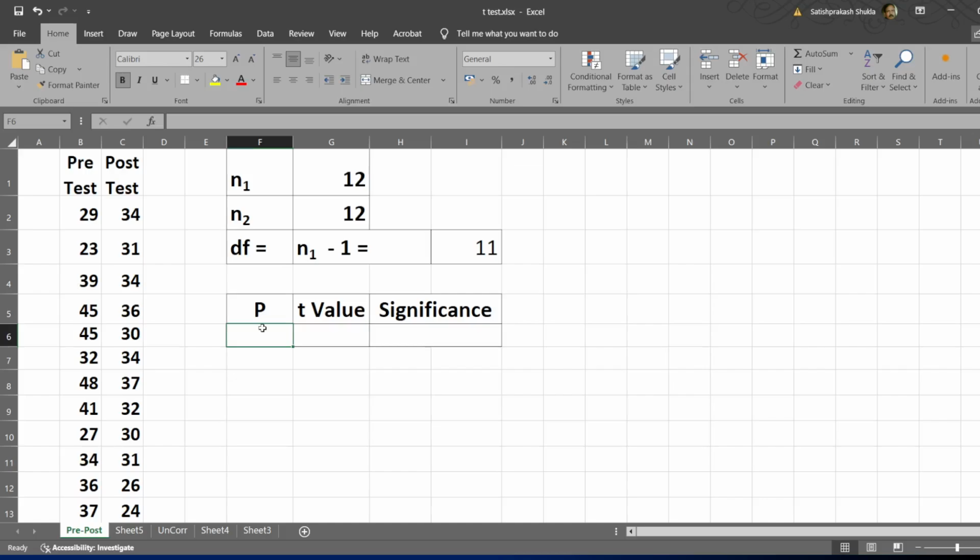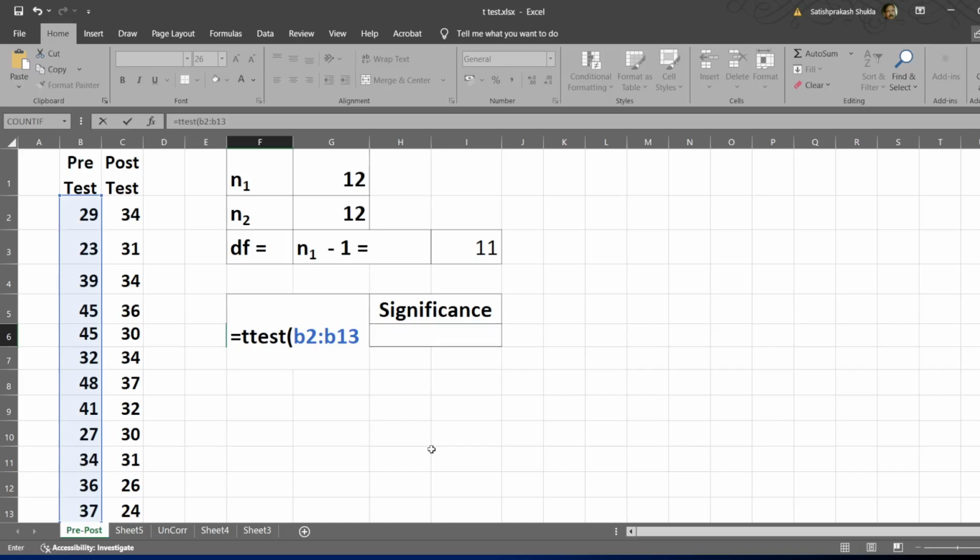Now we find the P value, the probability value. This value shows that the means are significant at this particular probability level. How to find it? For that, first we write equal sign, then we write t-test, then the data range of first data, that is B2 to B13.